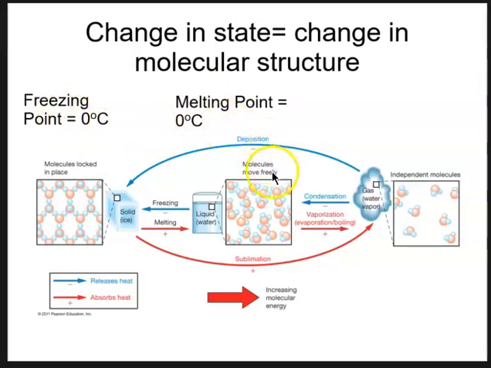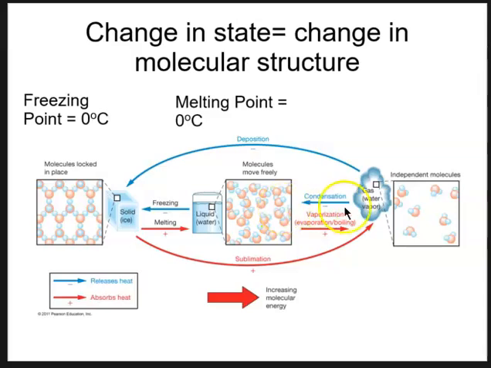If you're removing heat, getting colder, going to 0 degrees Celsius is going to start freezing. But if you have really cold ice and you start raising the temperature up to 0 degrees Celsius, then you're going to start seeing it melt. Now, let's go back to our liquid water here. We've got freely moving water molecules, but they're also bonding to each other.